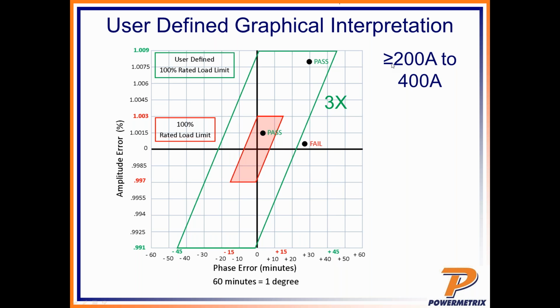And this is anywhere between 200 amps and 400 amps on our primary. So if you get a point that's still inside the really tight parallelogram, it's obviously going to pass. If you get a point up here that's still within this larger parallelogram, it's going to pass. And once again, anything outside of that parallelogram, the PowerMaster is going to say I'm in a failure mode.